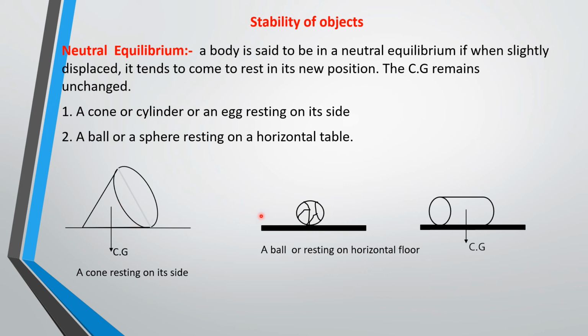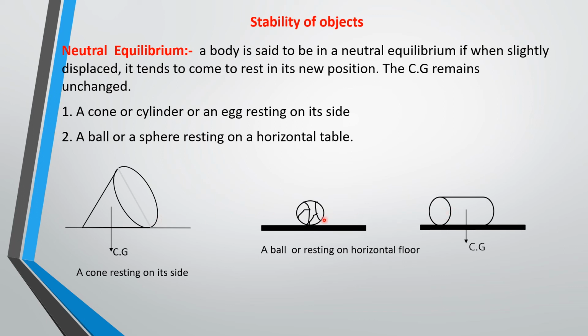Then a ball that is resting on a horizontal floor is also in a state of neutral equilibrium. Then a pipe that is also resting on its side is also in a state of neutral equilibrium. In all these instances, the center of gravity remains unchanged.